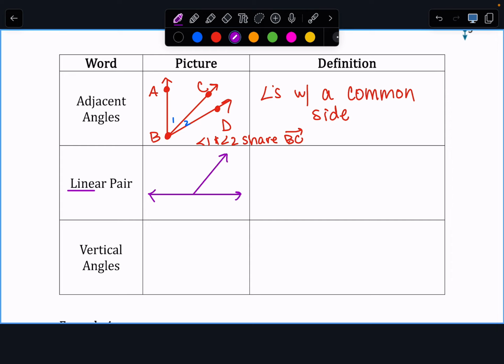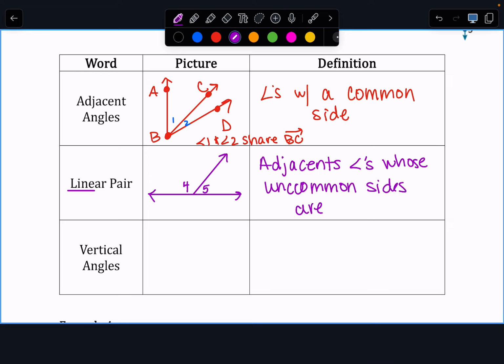Angle 4 and angle 5 are a linear pair because they are adjacent angles whose uncommon sides are opposite rays. We talked about opposite rays yesterday, right? So we have adjacent angles that form a line.